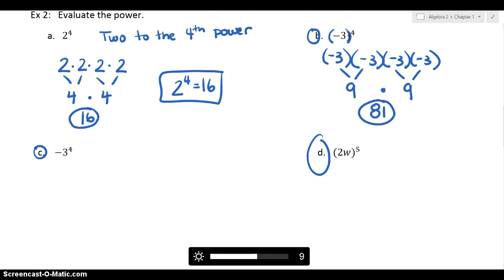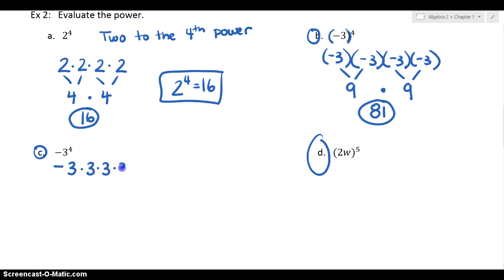So what that looks like to a mathematician is, here's a negative, then there's 3, and only the 3 is being repeated 4 times. So that gives us a different value because negative 3 times 3 is negative 9. 3 times 3 is 9. And when you multiply negative 9 times 9, you get negative 81. As you can see, the answers are completely different.